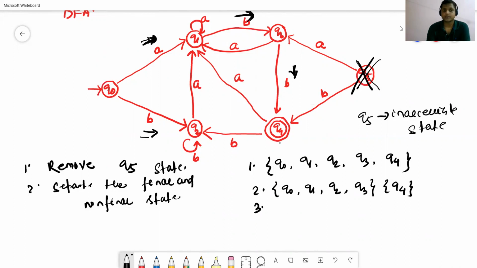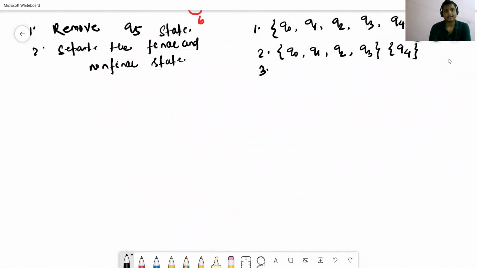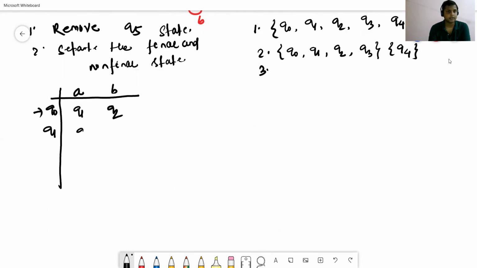Now we'll construct a transition table, which will be easy to understand. This is A, this is B. Q0 reads A, goes to Q1; Q0 reads B, Q2; Q1 reads A, Q1; Q1 reads B, Q3; Q2 reads A, Q1; Q2 reads B, Q2; Q3 reads A, Q1; Q3 reads B, Q4.